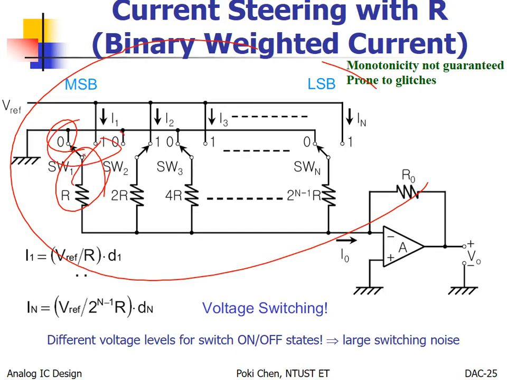To switch your current from 0 to 1, okay, first of all, it will slow down your operation. Second, it will generate a lot of noise. To turn the current on, to turn the current off, wow, forget about it. So this is only functional in idea, not in practice. In practice, no, this is really bad structure. Okay, but what you can do?